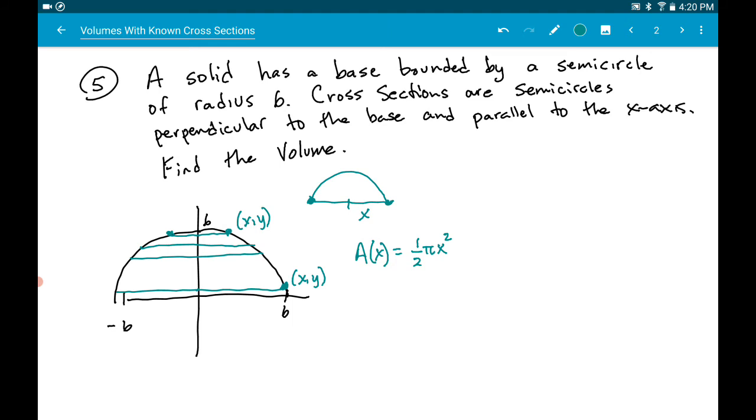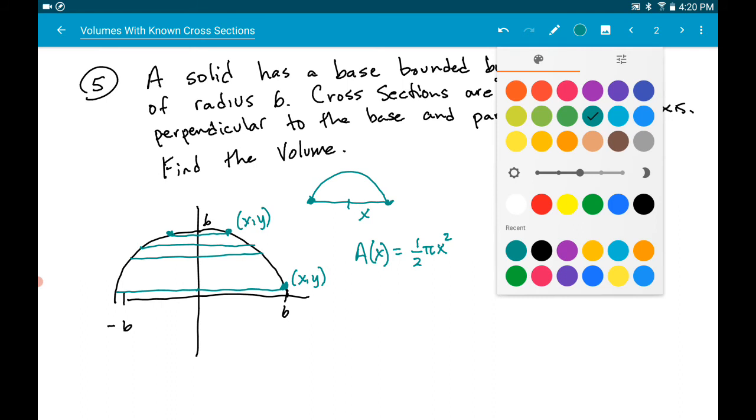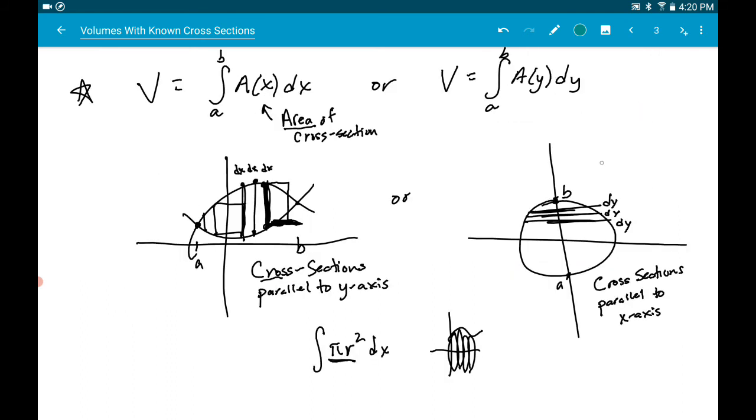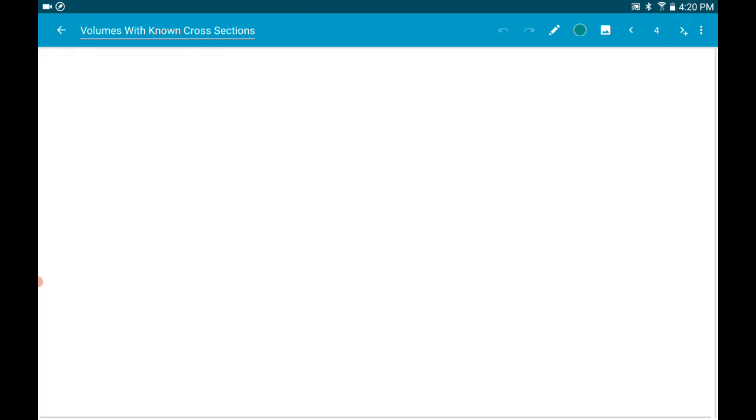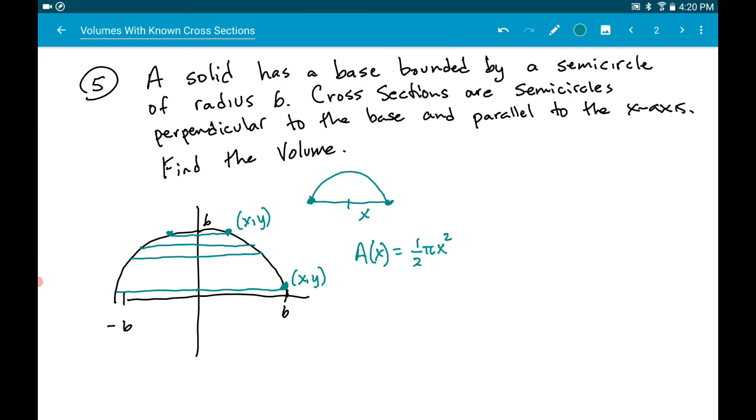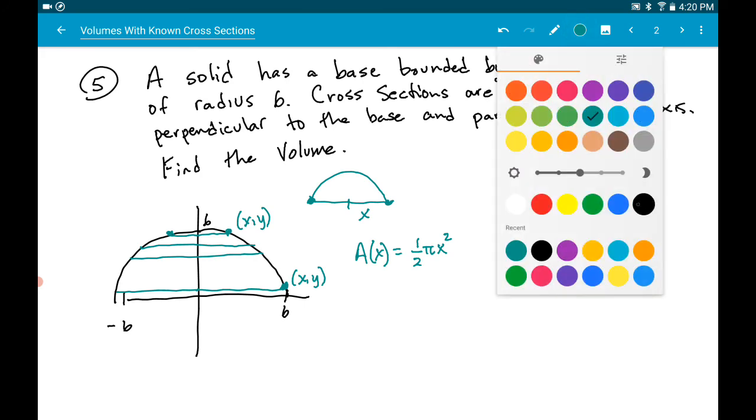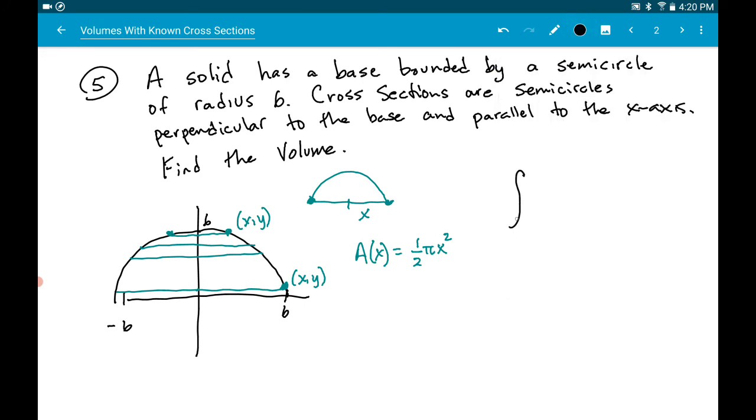So how is this going to work? Well, my formula here that I introduced, we got cross sections that look like this. So we're going to use dy. So this is dy, and that means this is going to go from 0 to 6.